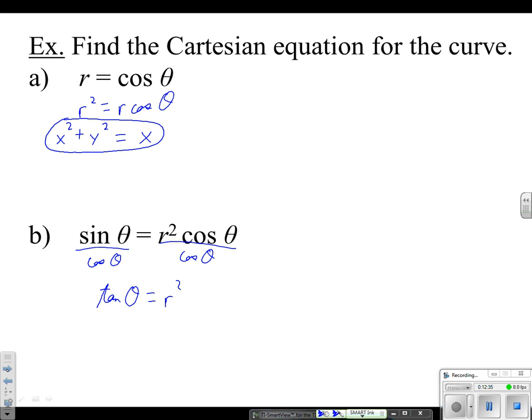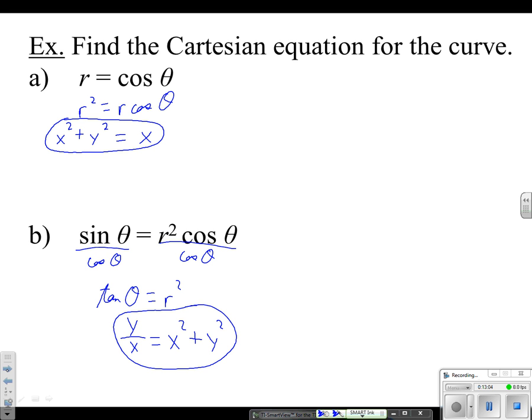Well, from those formulas, I know tan theta is y over x, and I know that r squared is x squared plus y squared. So that gives me an equation in Cartesian coordinates, or rectangular coordinates. Great. Again, I guess I can multiply everything by x to get rid of the fraction, but there's not a whole lot of point. It doesn't really do much.